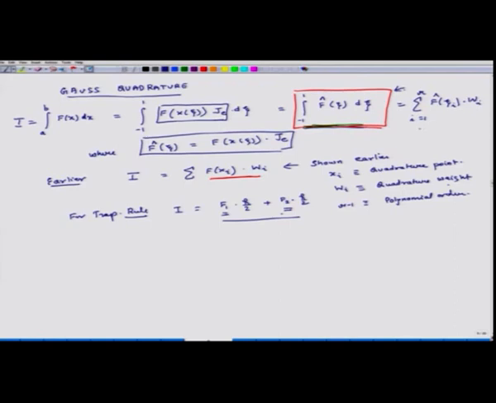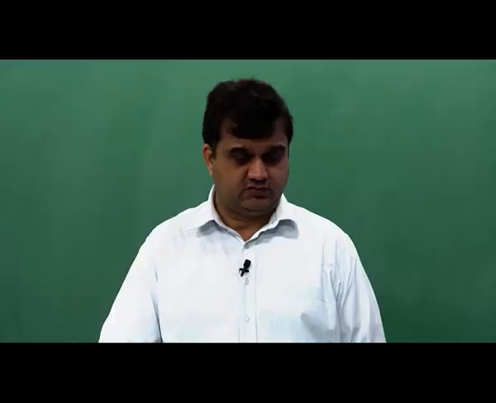So, if we know these Gaussian quadrature weights and the location of these points, then I can very easily calculate the integral. In the case of the trapezoidal rule, the location of the points was the first point and the last point. In Simpson's rule, the 3 points were the first point, the midpoint and the last point.